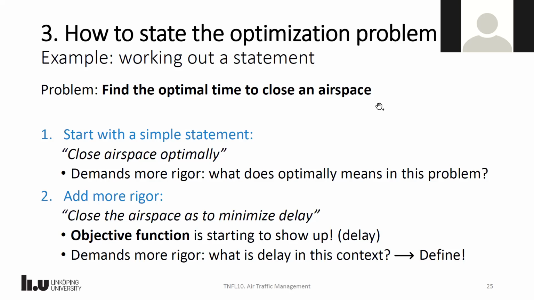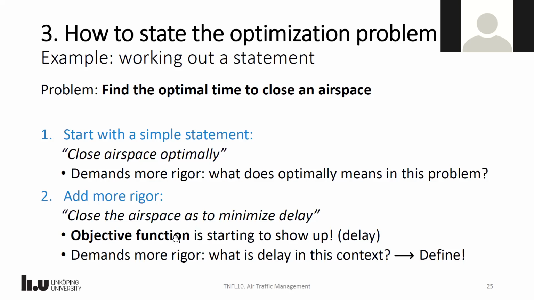So we have this problem over here, and we're going to start with a simple statement, which is close the airspace optimally. Of course, this statement needs more rigor, because what is optimally in this problem? We don't know. So to add more rigor, we are going to try to define what optimally means.